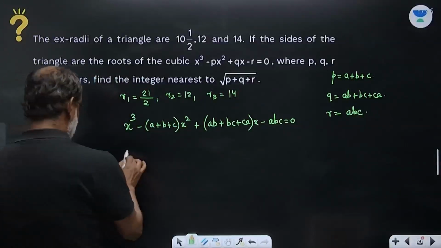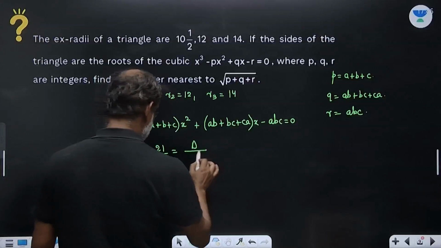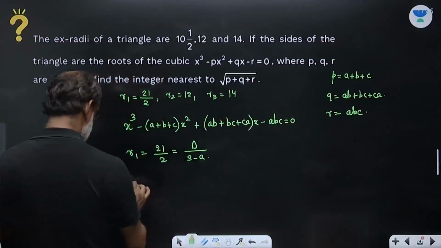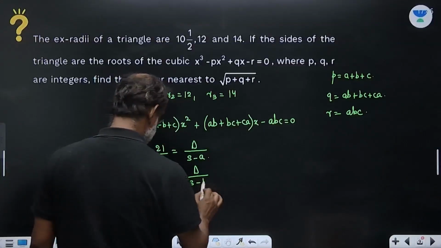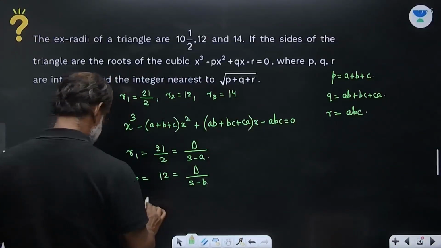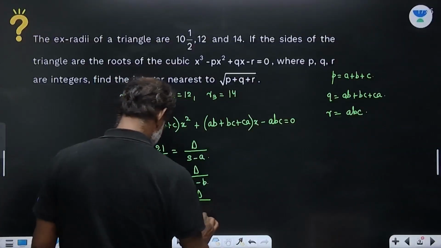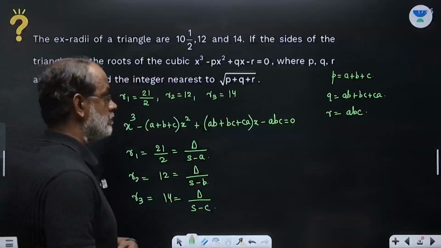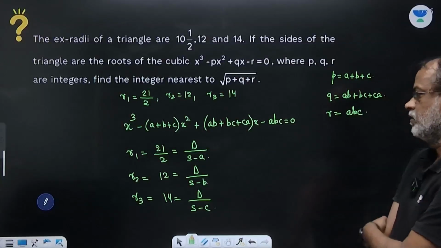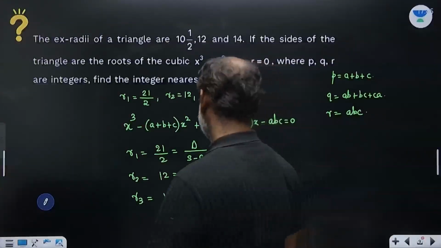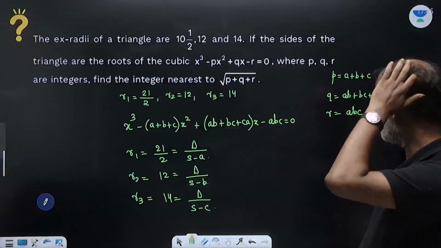So what we know is R1 is delta by S minus a, R2 is 12 and R3 is 14. Okay, S minus a, S minus b, S minus c, further S by delta.